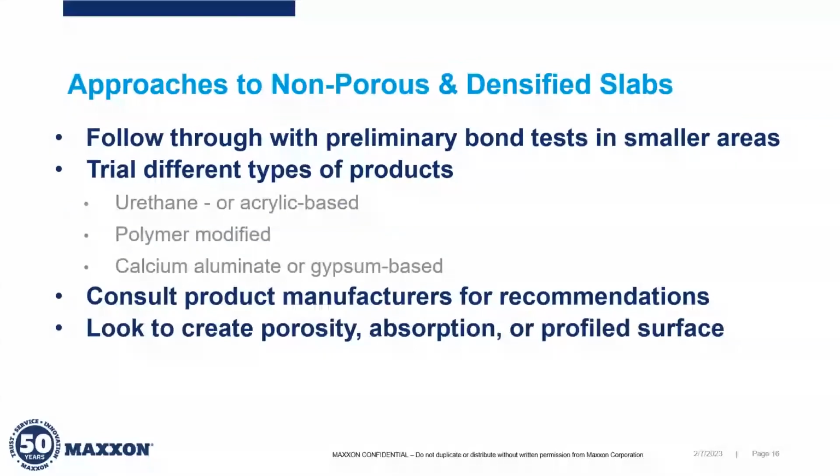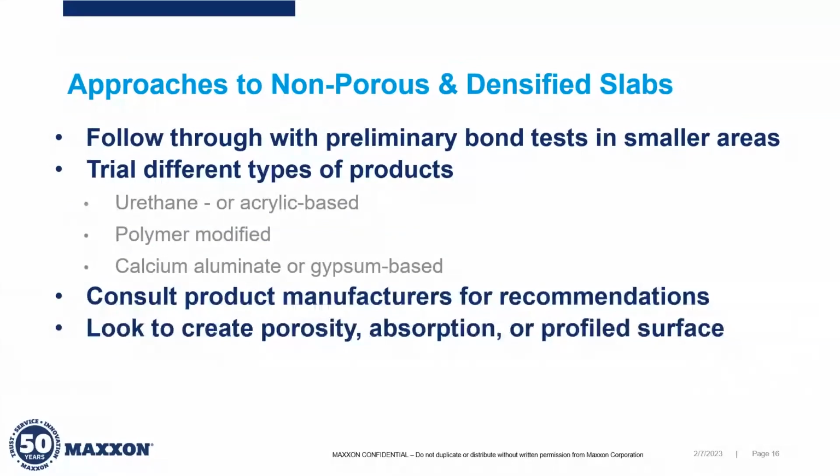And if we're not getting a good bond, which is likely going to be the case, there are several other things you could do. You could trial different types of adhesives or mortars. So, there are urethane adhesives or acrylic-based adhesives that might promote a little bit better bond. When it comes to ceramic tile, there are different types of mortar, some that are polymer modified or some that are more heavily polymer modified than others.